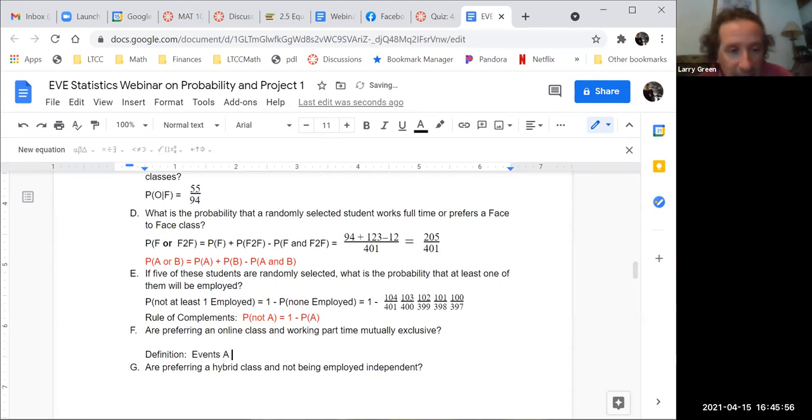Events A and B are mutually exclusive if the probability of A and B is equal to 0. So let's put that in red because it's really important.